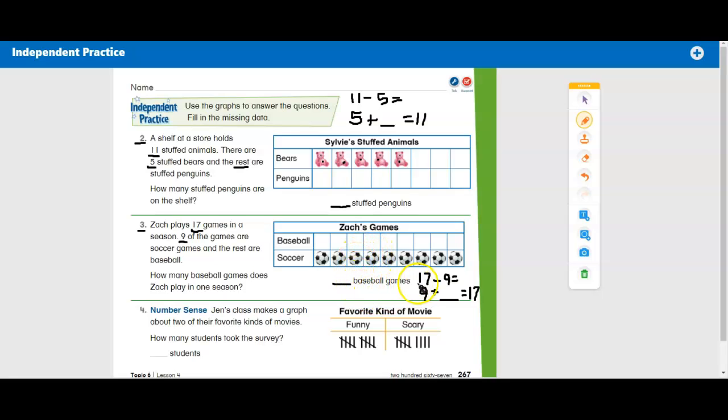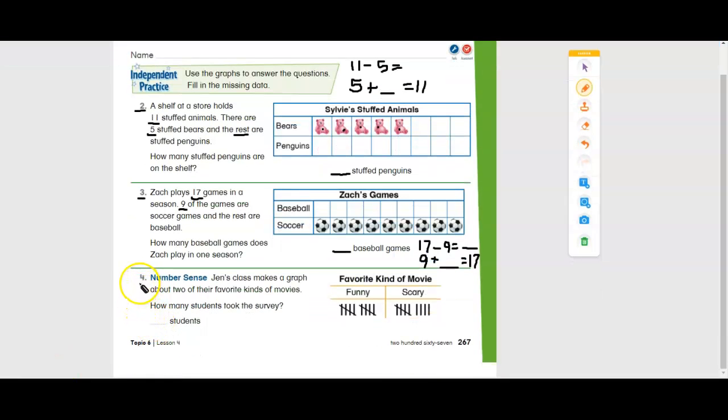So you can use subtraction or addition, and these numbers will be in the same fact family, so you will get the same answer either way. Write your answer in the blank, and then fill in your picture graph. If you are still working on number 3, now's a good time to pause the video.